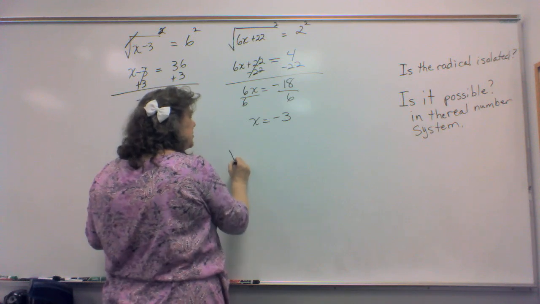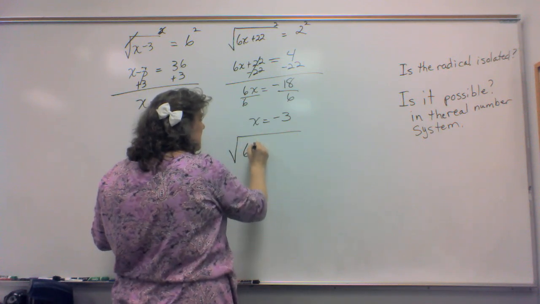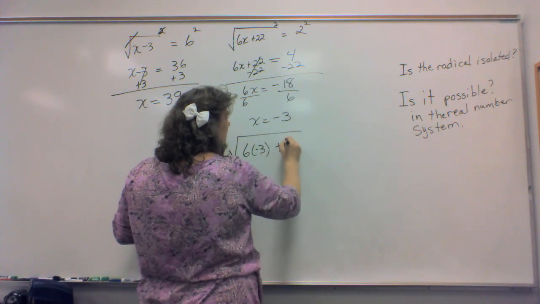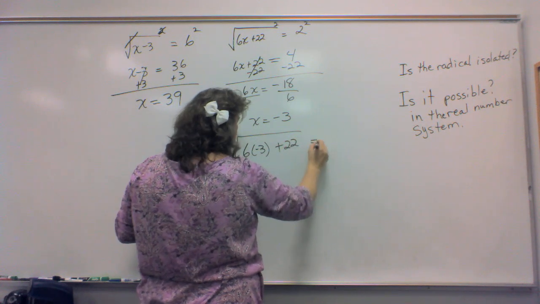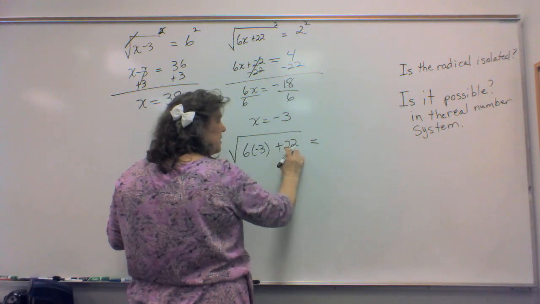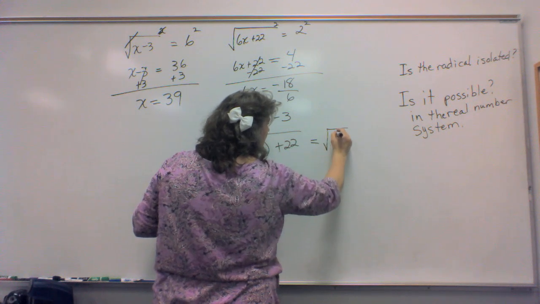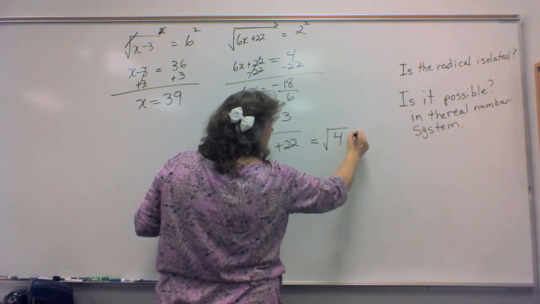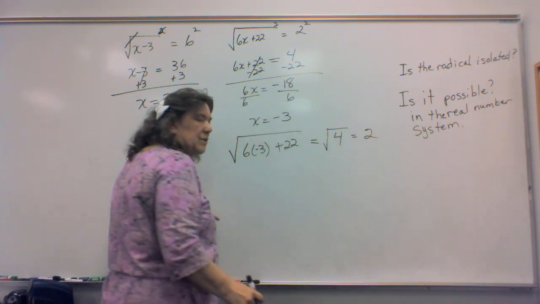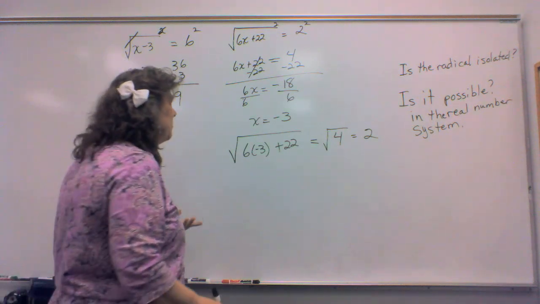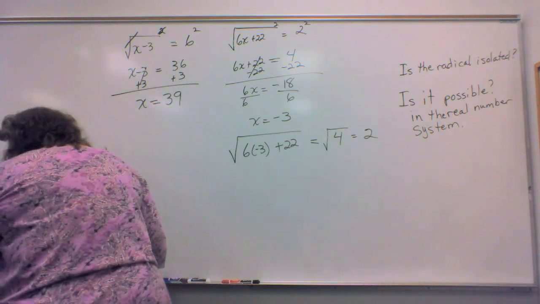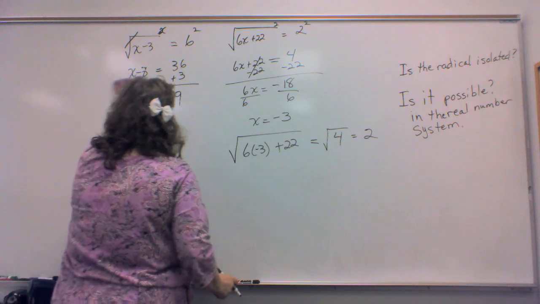Well, let's check it. 6 times negative 3 plus 22 is negative 18 plus 22, which is 4. See, now it's positive, and the square root of 4 is equal to 2. So you see, it does work. It really does. Okay, let's look at another example.